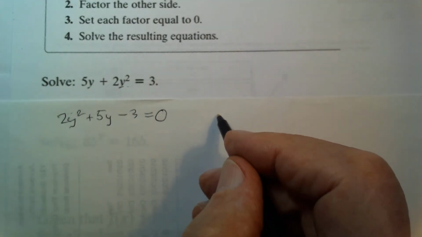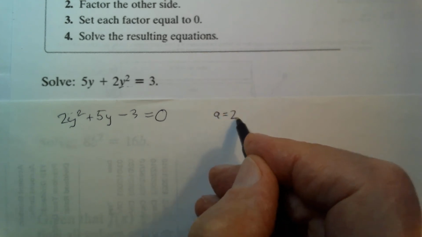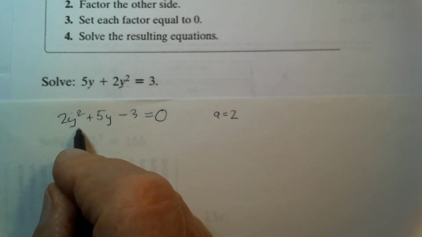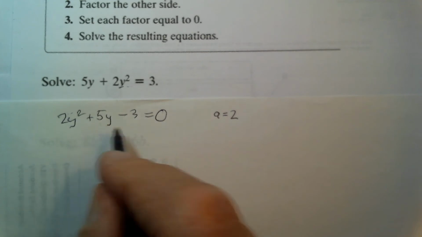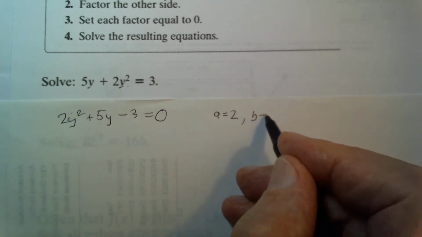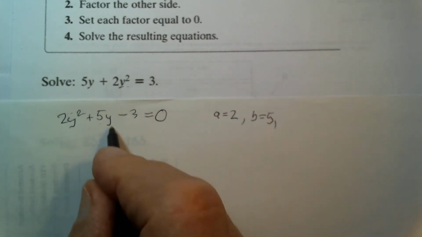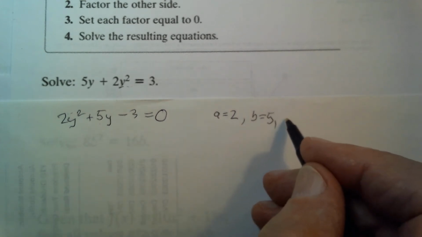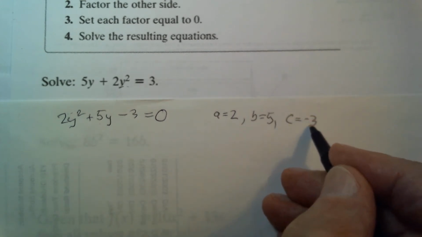So in this case, a is equal to 2, the coefficient of the variable squared, b is equal to 5, and c is equal to negative 3.